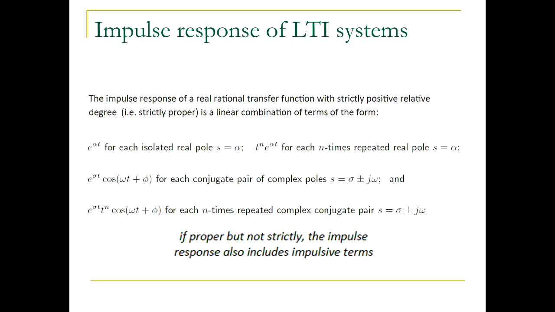Note here that if sigma is positive, then this exponential part would dominate the response, and this would blow up as time goes to infinity, because exponential functions grow faster than polynomial functions or cosines and sines. If sigma is negative, this whole product would tend to zero. So sigma would be the real part of the pole corresponding to this term.